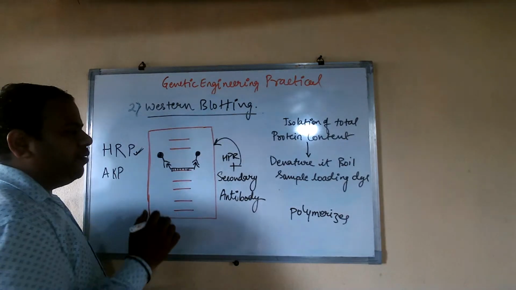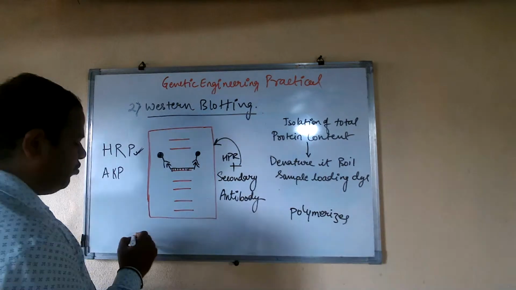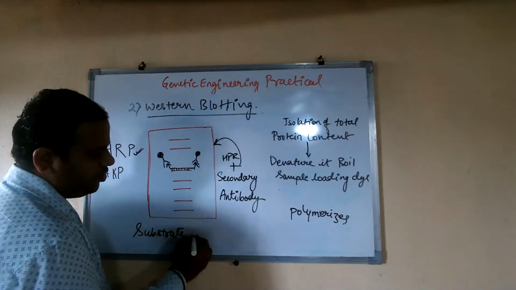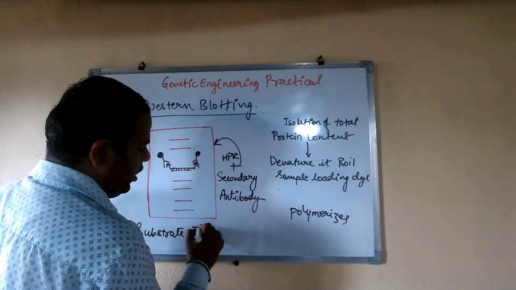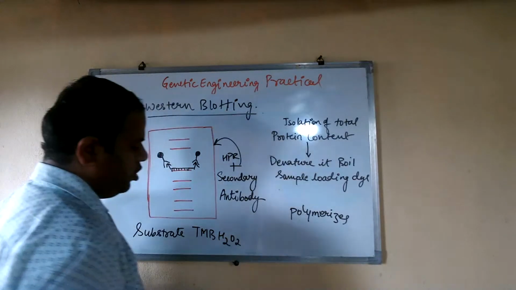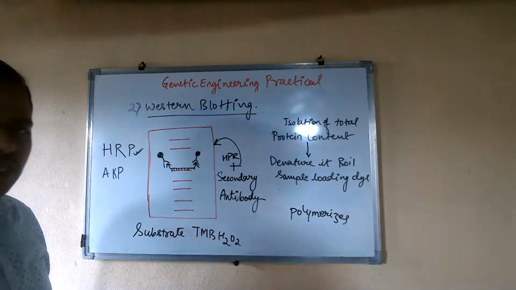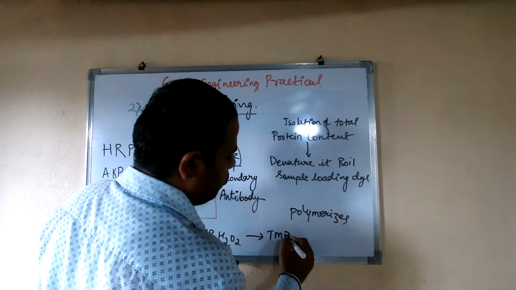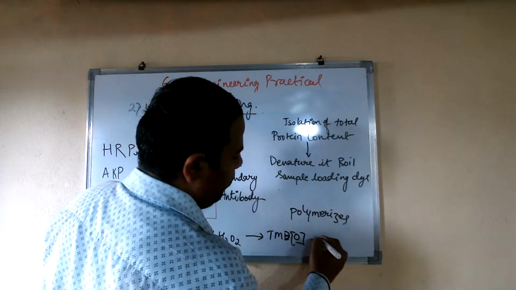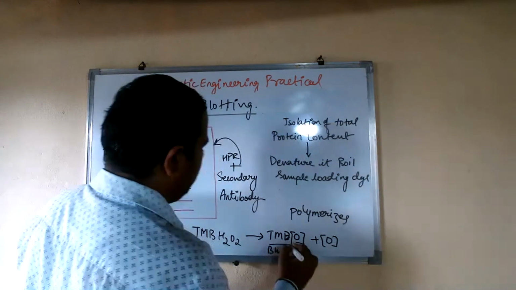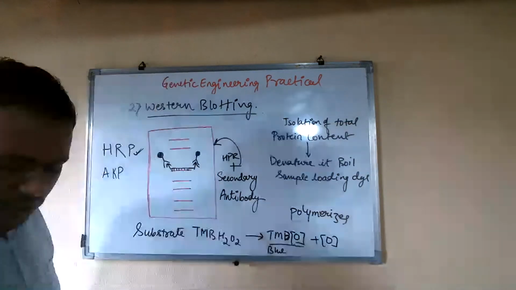Then the substrate molecule is added. The substrate molecule here for HRP is TMB and H2O2. When the enzyme acts on the substrate molecule, it is degraded and forms TMBO plus O. This TMBO is blue in color, which gives a blue color to this area.